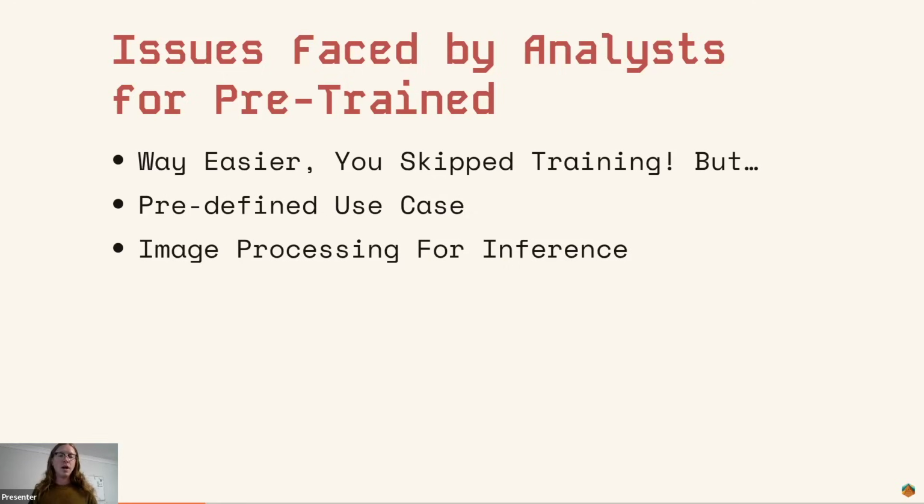And then still, image processing for inference. If you want to create a good label for an image, you need to have the image processed in a method that fits the predefined context of the trained images, if that makes sense.